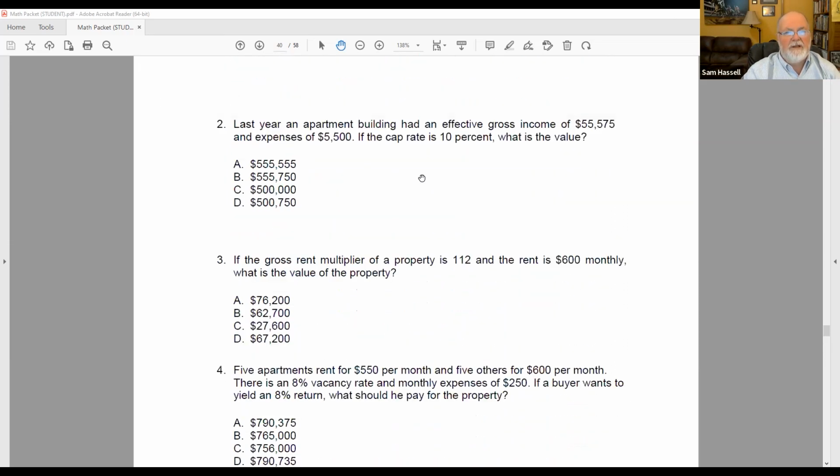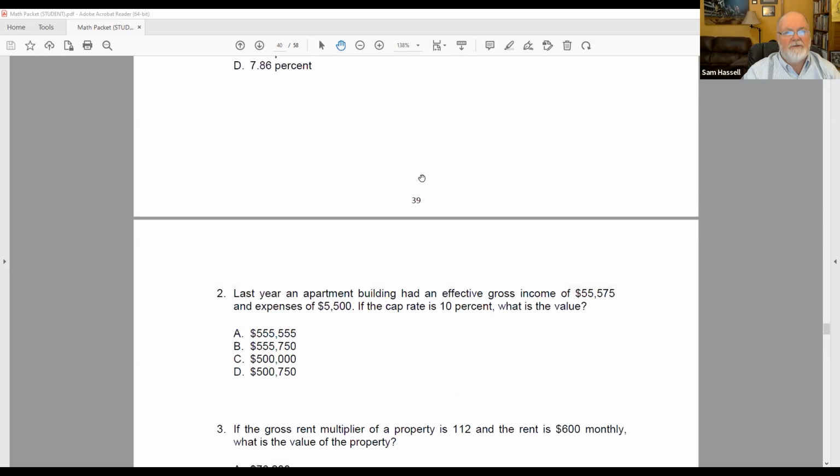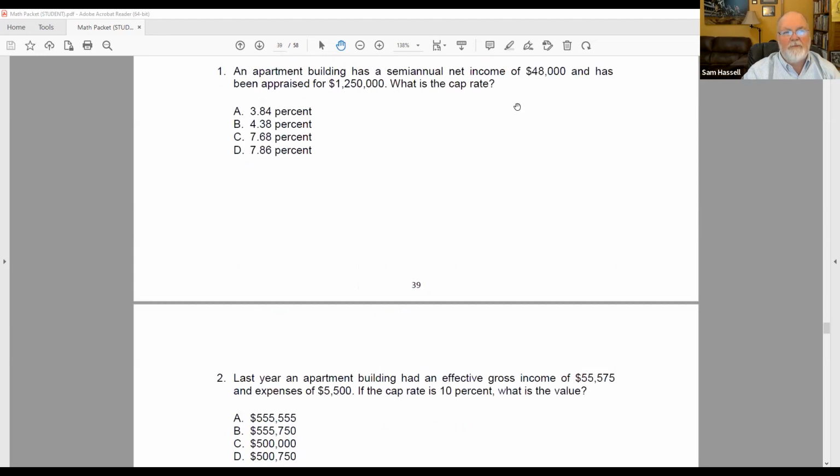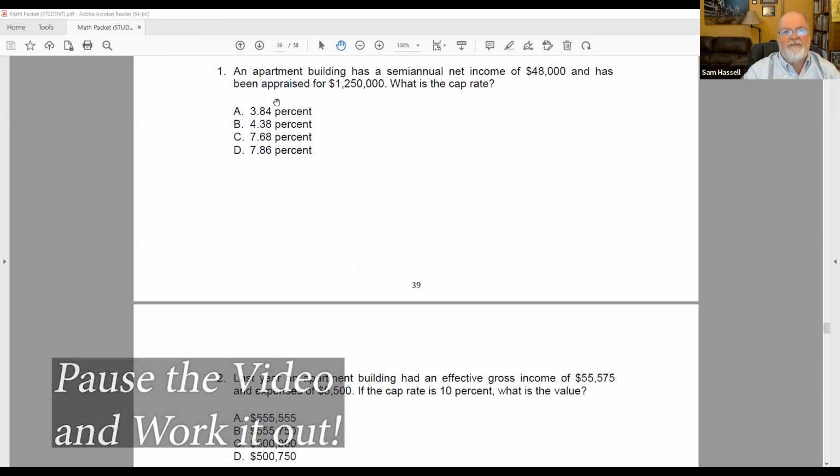Let's do an easy one, and then we will get to a little more difficult one. All right, number 1 here. It says an apartment building has a semi-annual net income of $48,000 and has been appraised for $1,250,000. What's the capitalization rate? What is our return on investment?